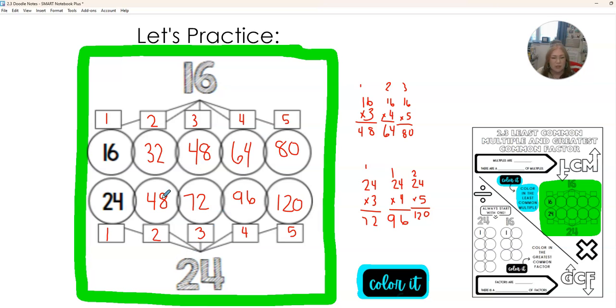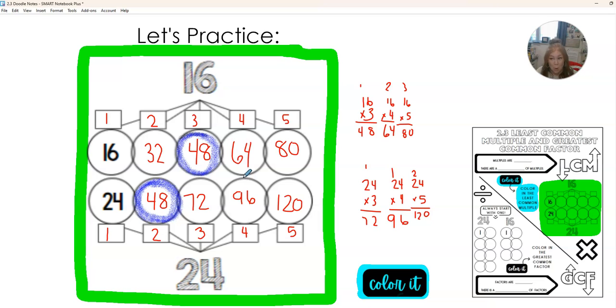Whatever color you choose is great. Do they both have a 16? That's the smallest number, but they don't both have 16. Do they both have 32? No. Do they both have 48? Yes. So I'm going to color in that they both have a least common multiple of 48. That's the smallest number they have in common when we multiply.